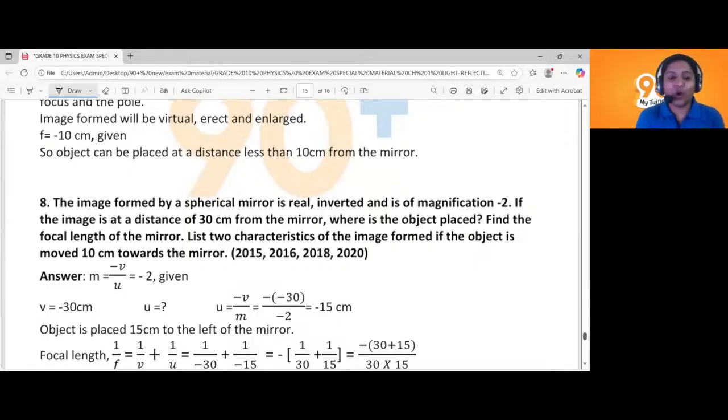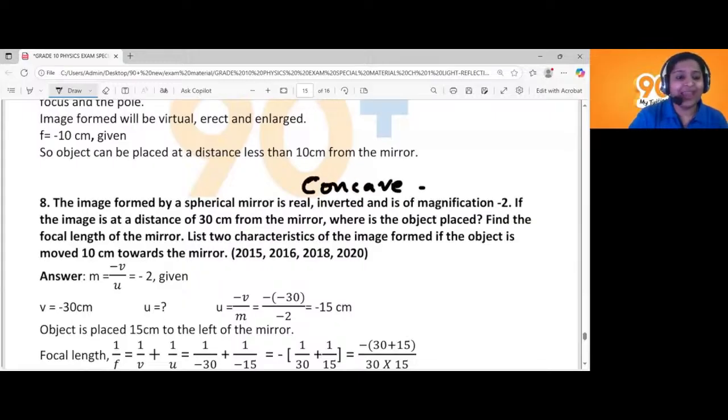The image formed by a spherical mirror is real, inverted, and of magnification -2. If the image is at a distance of 30 centimeter from the mirror, a real image is only formed from a concave mirror.